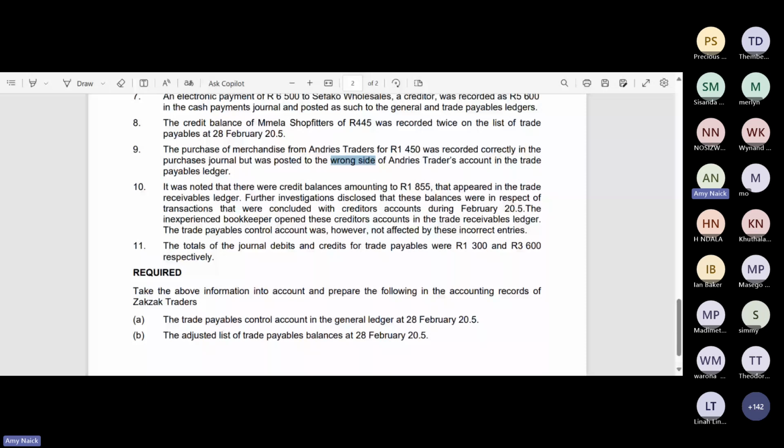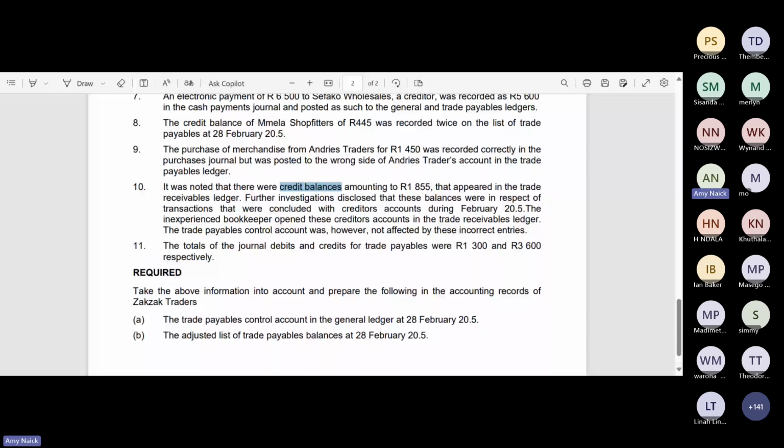But what they're saying is that this 1,855 was a credit balance, right? But they recorded it in the wrong book. So instead of recording it in the trade payables ledger, they recorded it in the receivables ledger. So all you're going to do is move that from receivables to payables.